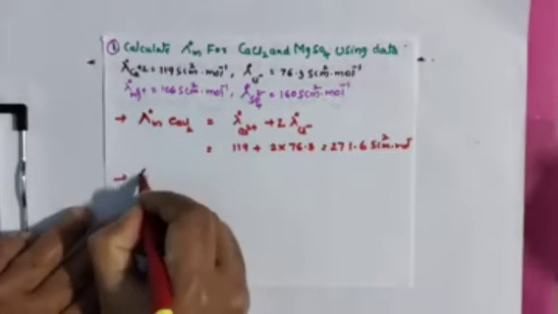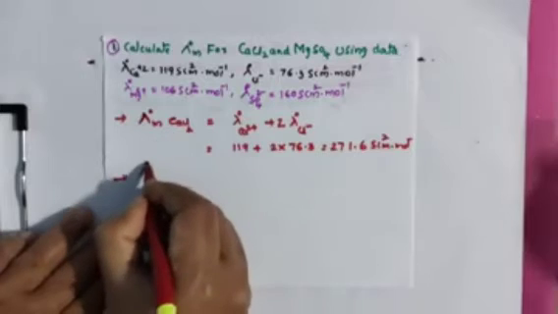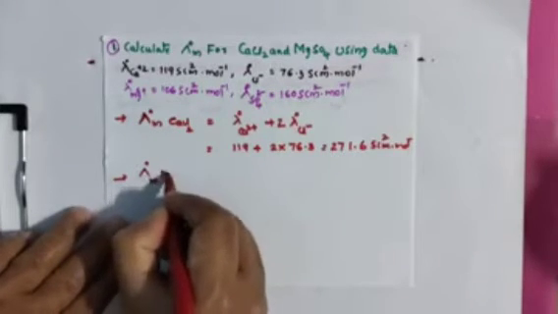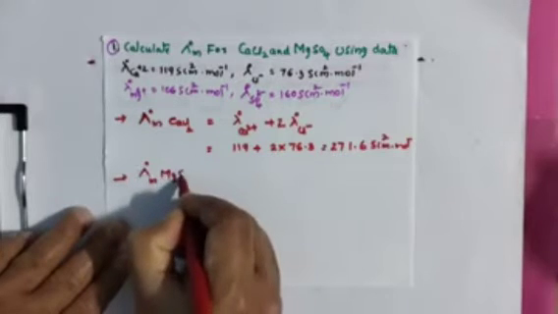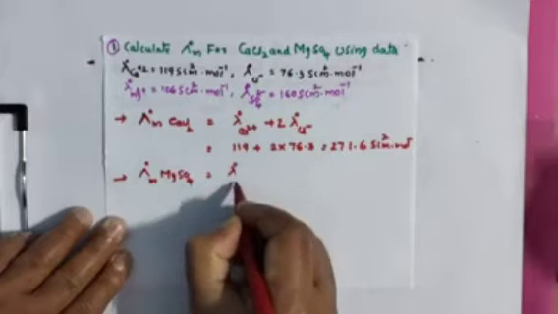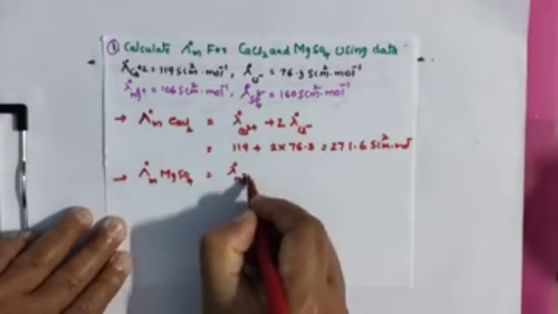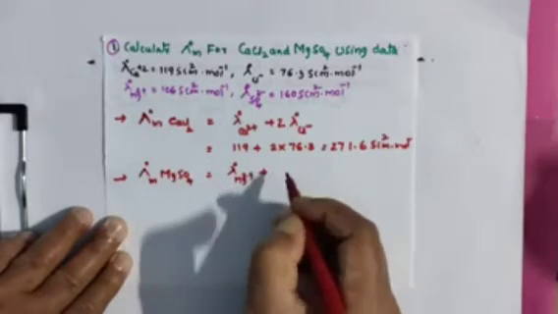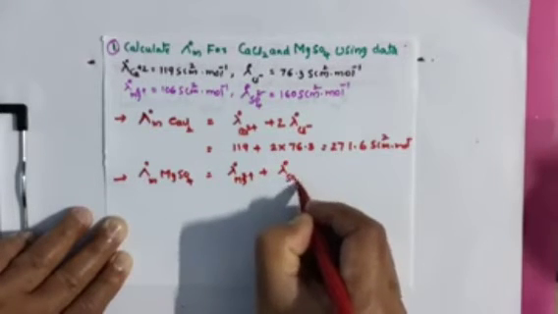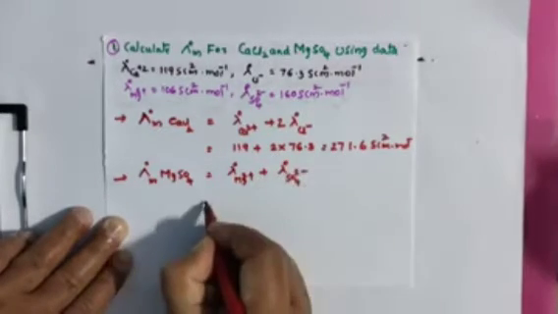Problem number 2, in this only: Λm⁰ of magnesium sulfate equal to Λ⁰ of magnesium 2 plus plus Λ⁰ of sulfate 2 minus.